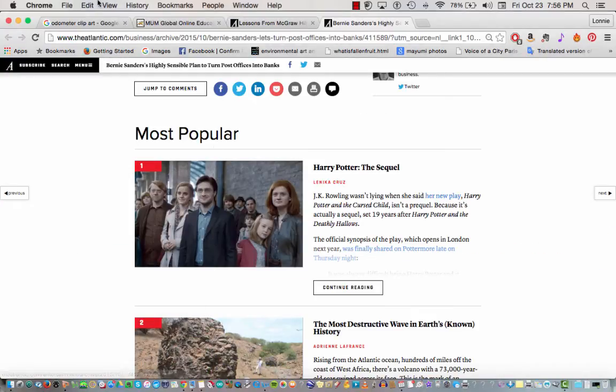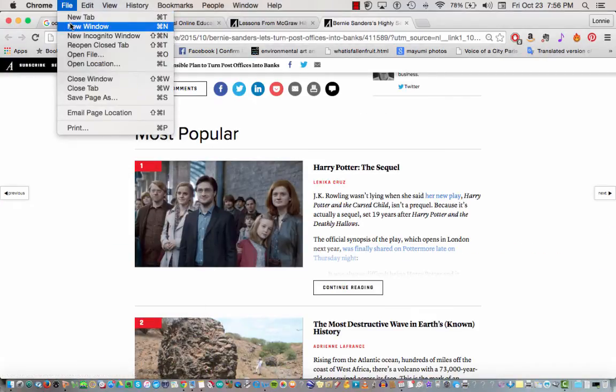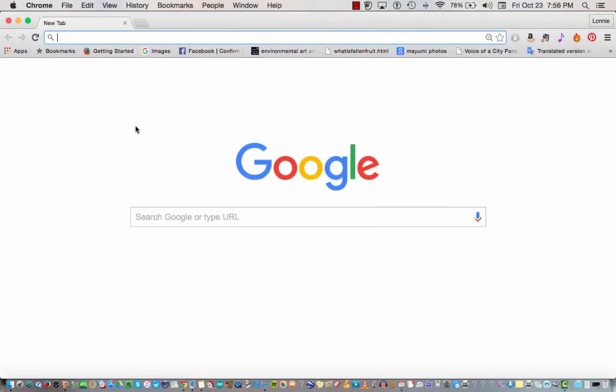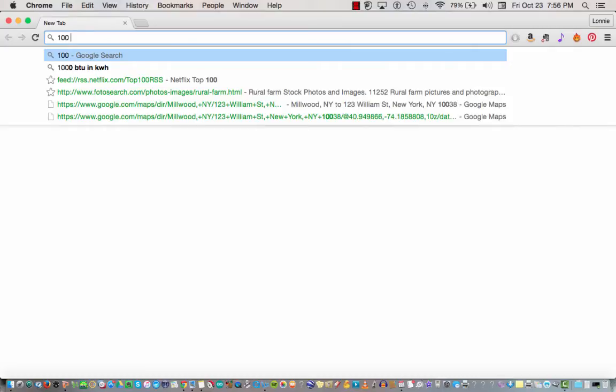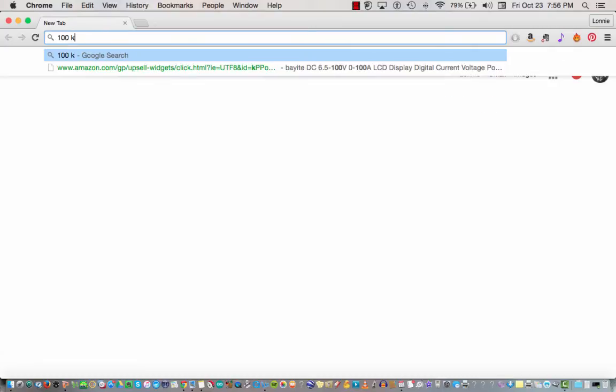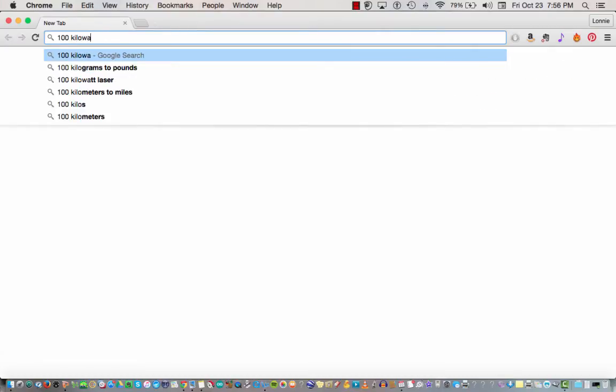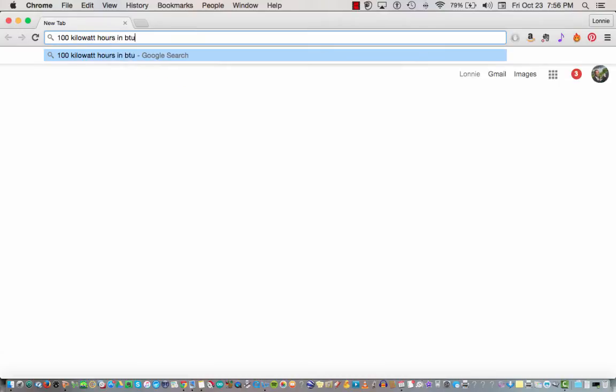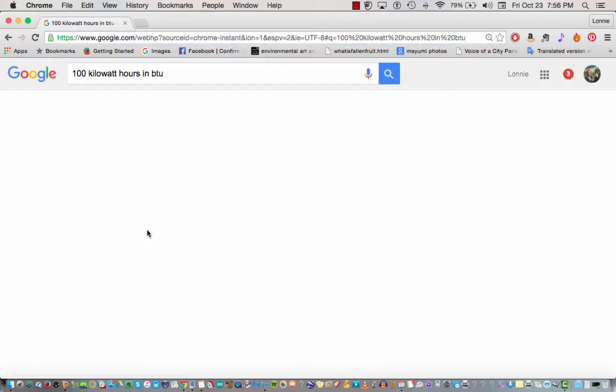Google has a calculator built into it, a transformation calculator. So if I put in, for example, 100 kilowatt hours in BTU, Google should come back and tell me.